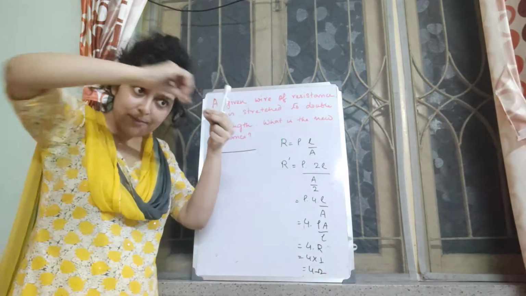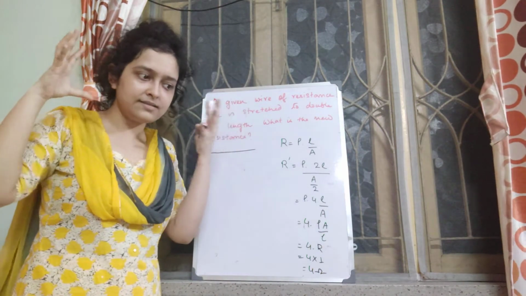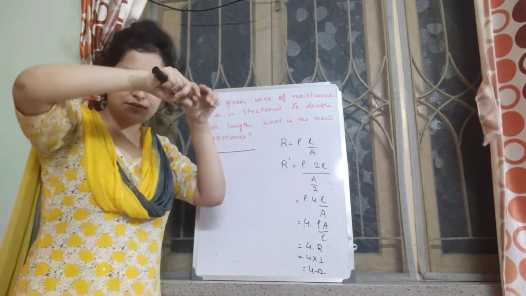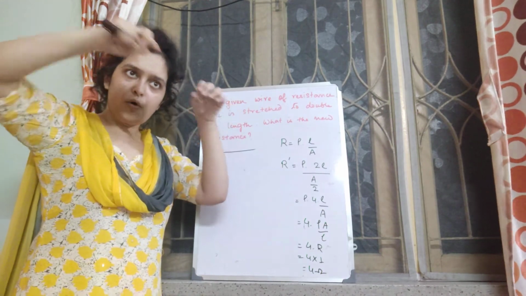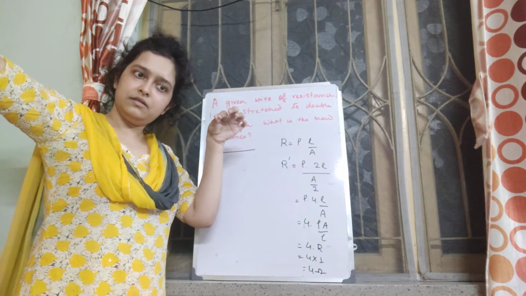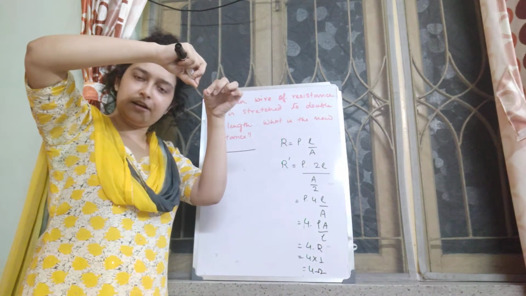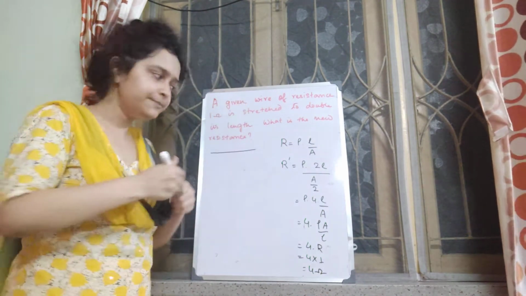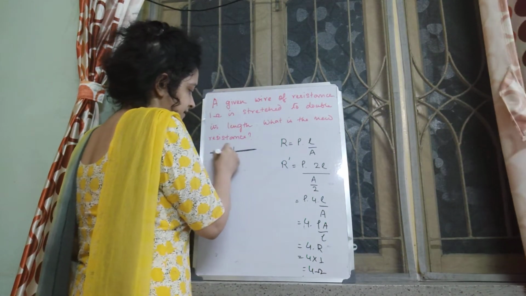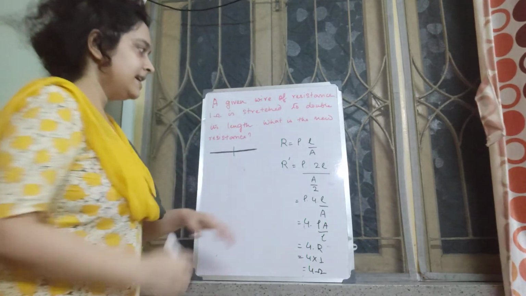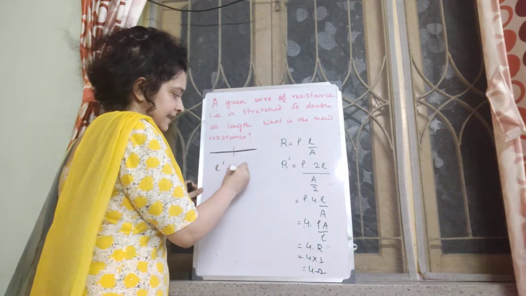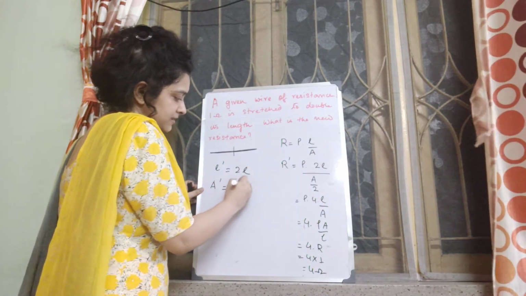Where will the extra mass come from? Mass remains same, right? So if you are stretching the same wire, it can elongate only if the area of cross section becomes smaller. So length is getting doubled, but area of cross section is getting halved.